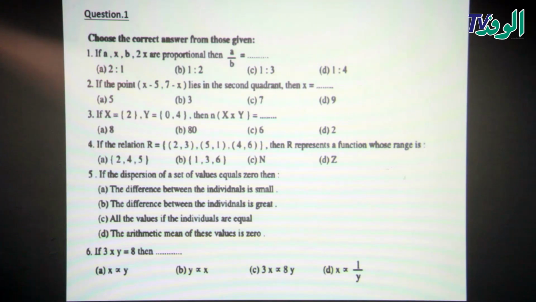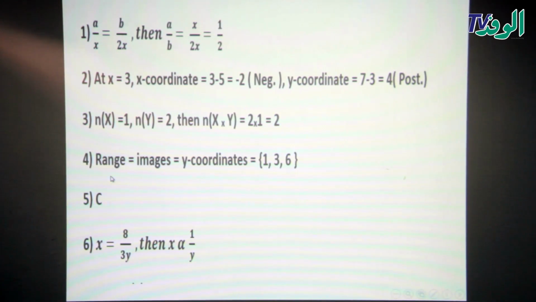Of course, in a set we don't care about the order, so we can write it 1 3 6. So the correct choice is number B. Let's review again: range equals images equals y coordinates, so it's 1 3 6.